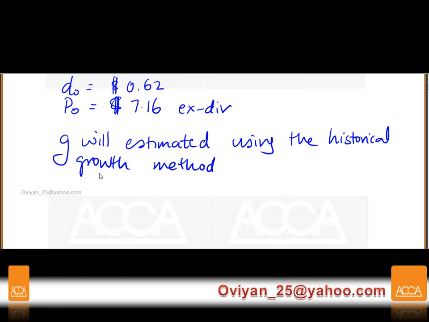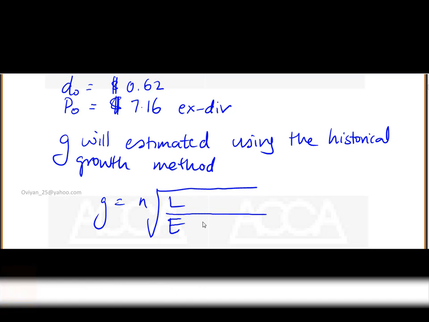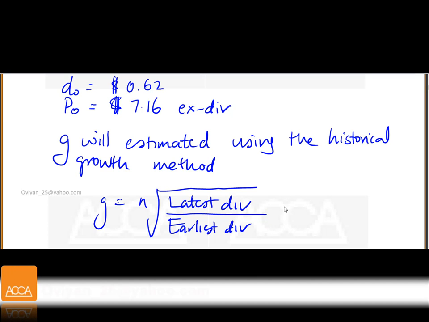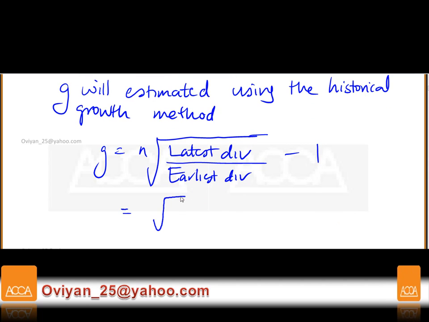Okay, the formula simply is going to be the n number of years root of latest dividend divided by earliest dividend, take away 1. So we're going to write down the figures from this question.